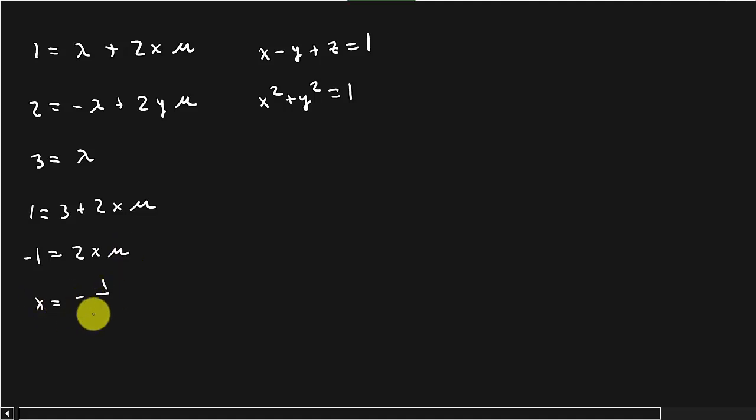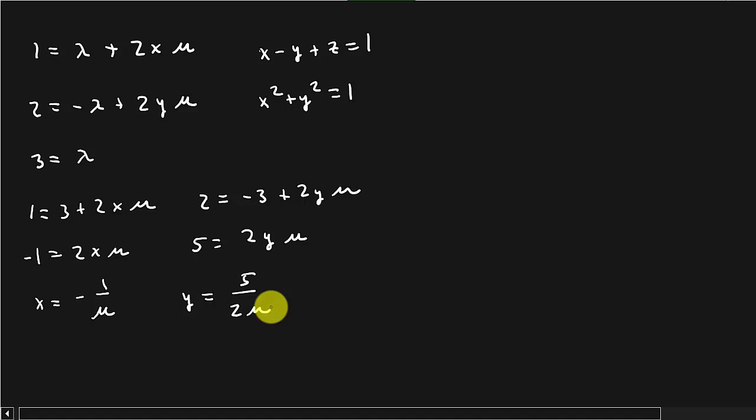So I get x is equal to negative 1 over mu. And then if I plug the 3 in for lambda to solve for y, that's going to be 2 = negative 3 + 2y mu. And so 5 = 2y mu. And so I get y is equal to 5 over 2 mu.